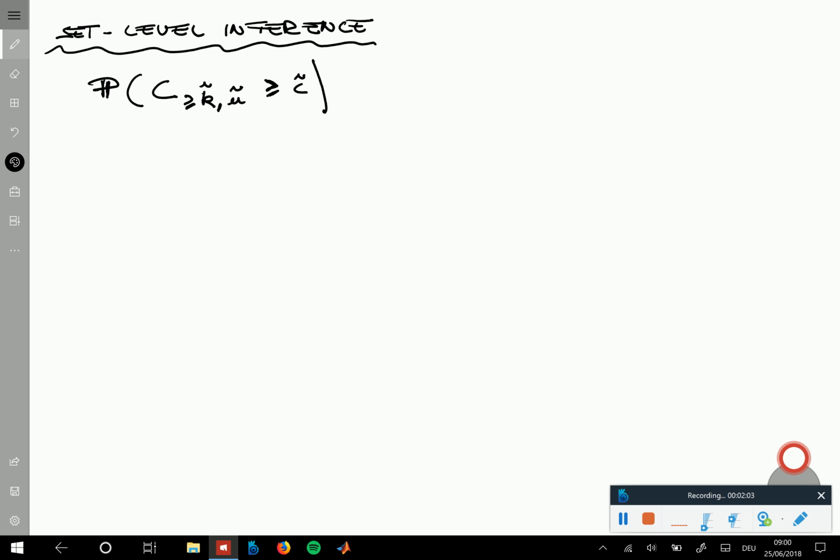It's fairly important that you are fluent in interpreting these kinds of statements, so I always wrote them below again. This is the probability that for the specified cluster forming threshold tilde u, the number of clusters within the excursion set E tilde u that have a volume equal to or larger than the specified cluster extent threshold value k is equal to or larger than the observed number of clusters C tilde.